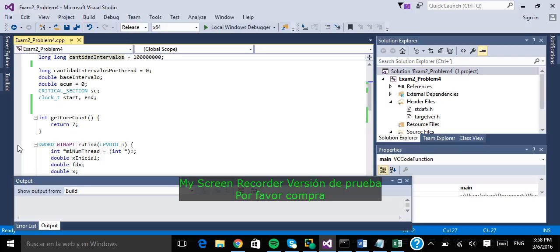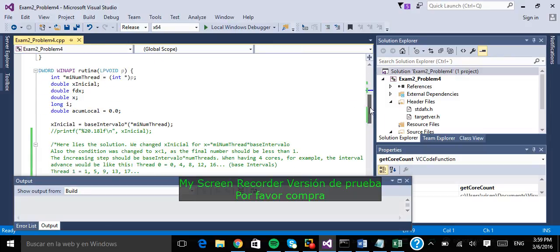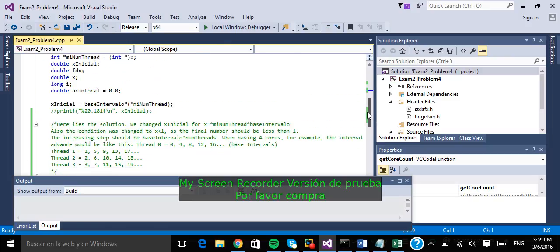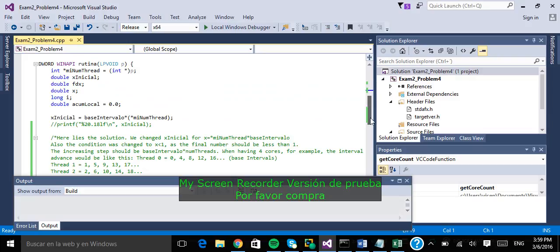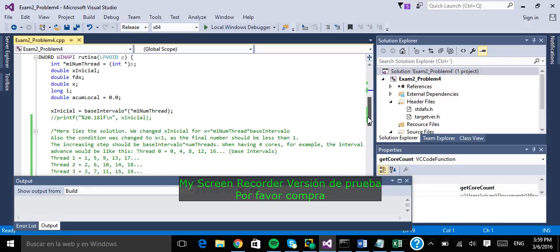And in this part we return the number of cores that we suppose the system had. We did it manually, and here we have the thread routine where we implemented the solution.